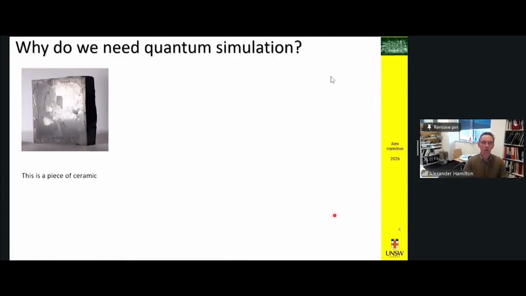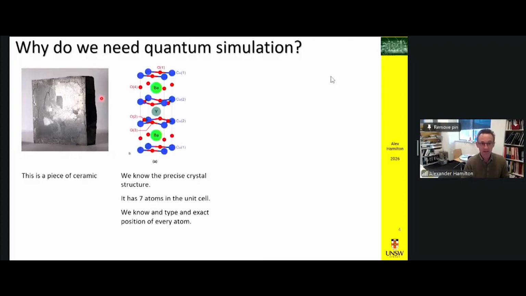The first story: why do we even need to have quantum simulators? This is a piece of ceramic material. You can make it very easily just by grinding up some materials and heating them in an oven, as with forms of ceramic. For this material, we know the precise crystal structure. It has 7 atoms in the unit cell. We know the type and exact position of every atom in the unit cell.